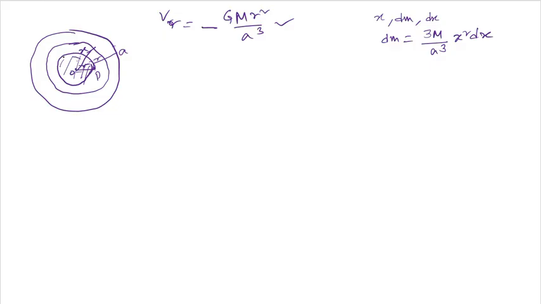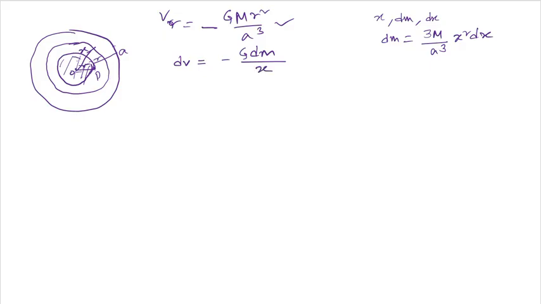Now the interesting thing, which is very important, is that for all this hollow sphere, r will be the internal point, not the external point. And for the internal point, what is the potential at this x distance? dv is nothing but minus G dm by x.